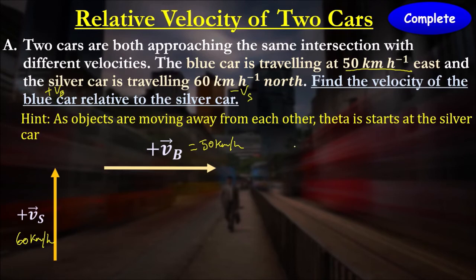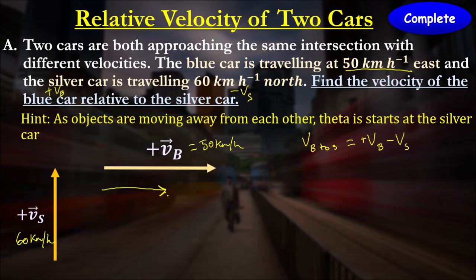Okay, so if I draw out firstly, let's write out the vector equation, and that would be V blue to silver is equal to positive velocity of blue car and the negative velocity of our silver car. So if I draw that out, okay, our blue car is going in this particular direction.